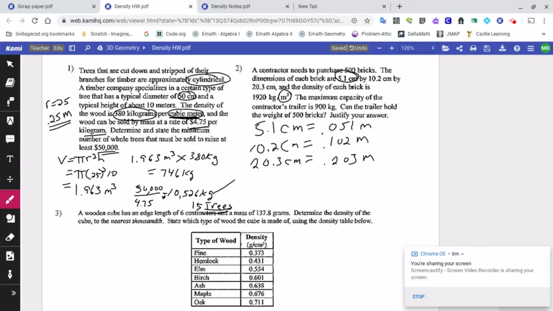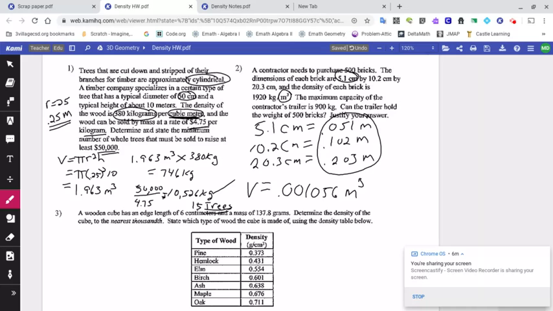I'm going to multiply all three of these numbers together to get the volume of one of the bricks. When I multiply those three numbers together, I get the volume of one brick is 0.0011056 cubic meters. That's the volume of one brick.